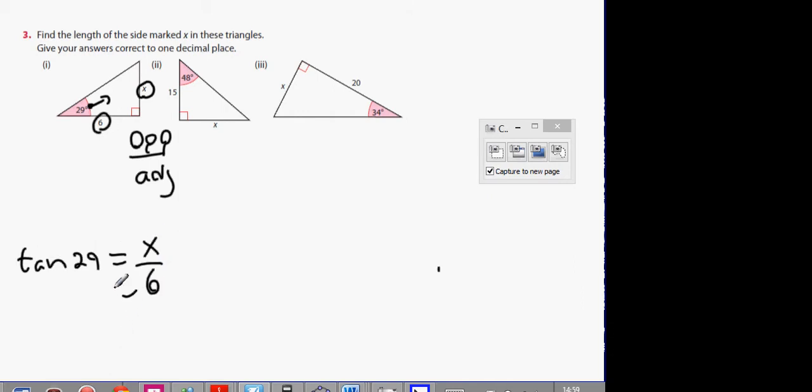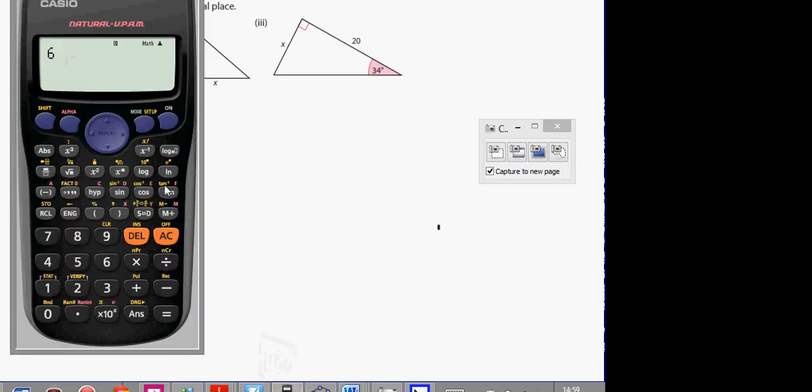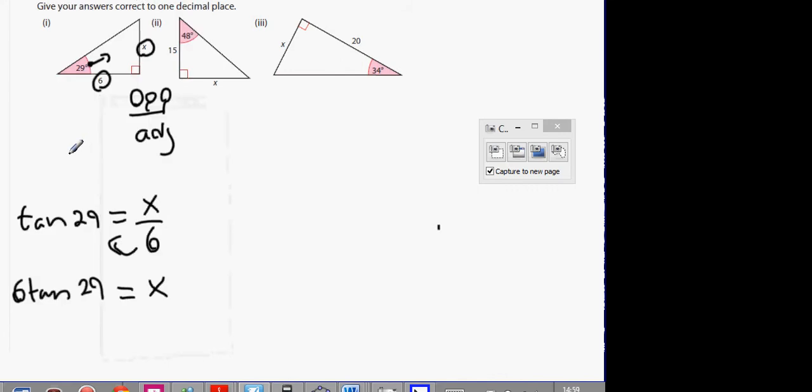Cross multiply up to 6. X equals 6 tan 29. What's 6 tan 29? 3.33. 1 decimal place, 3.3.